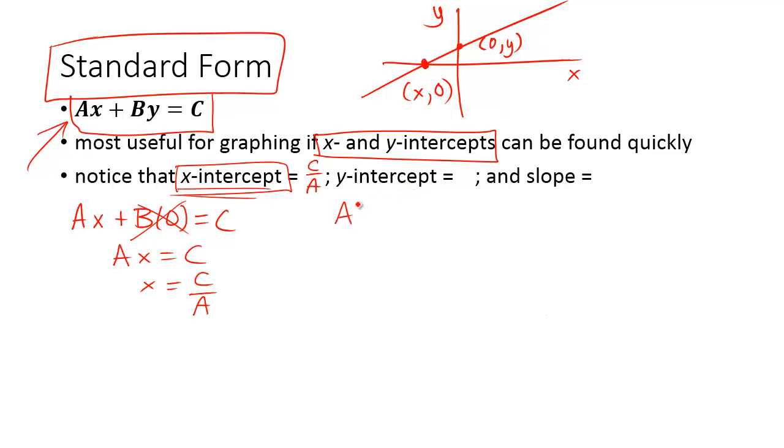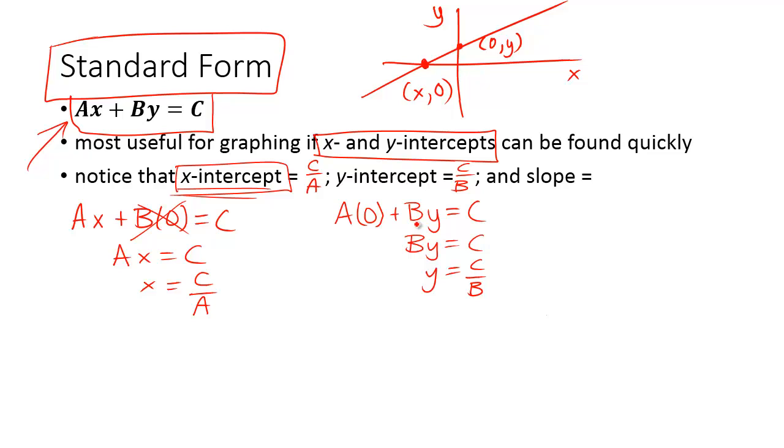You're going to do the x being 0. So finish that off on your page. Get it? Okay, C over B. That looks right.